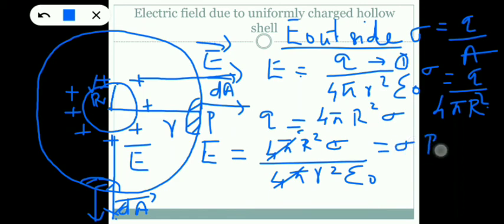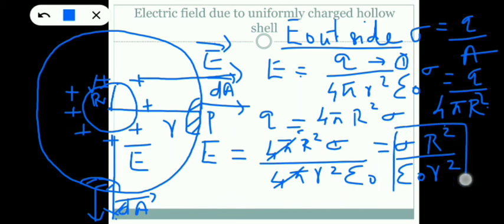Sigma R square divided by epsilon naught small r square. So this is the expression for electric field intensity due to a hollow shell: sigma into capital R square by epsilon naught into small r square, where capital R is the radius of our shell and small r is the radius of our Gaussian surface. So this is the expression for electric field intensity outside the shell.